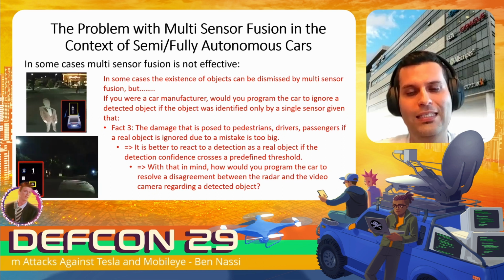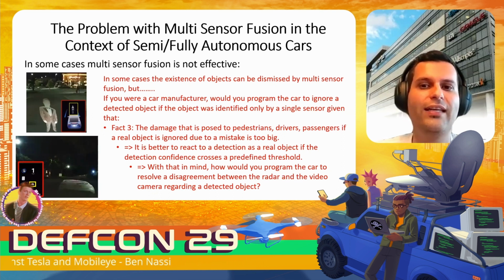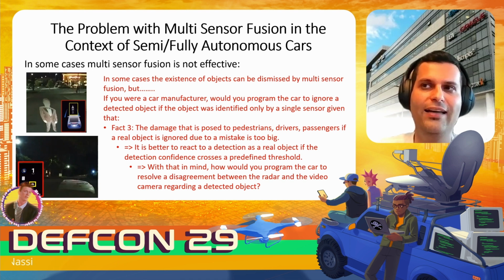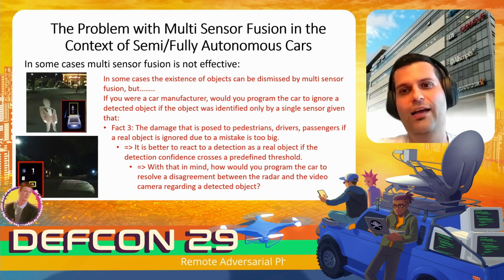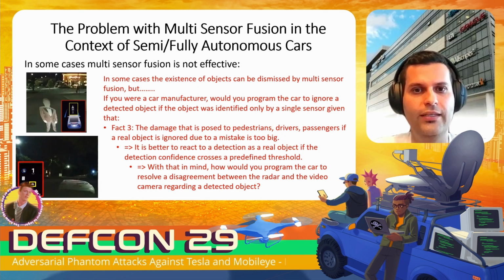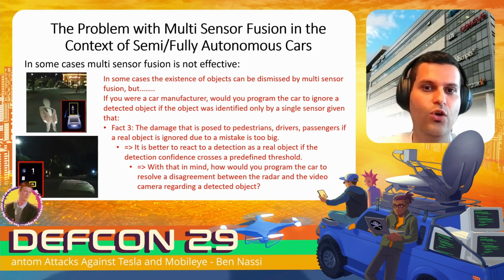This type of mistake is, I would say, very risky because it also has great impact. It may cause an accident, it may cause a loss of life. And as a result, it is better to react to a detection as a real object if the detection confidence crosses a predefined threshold.